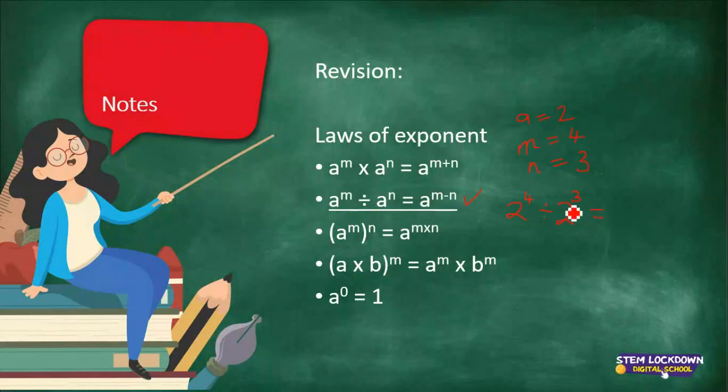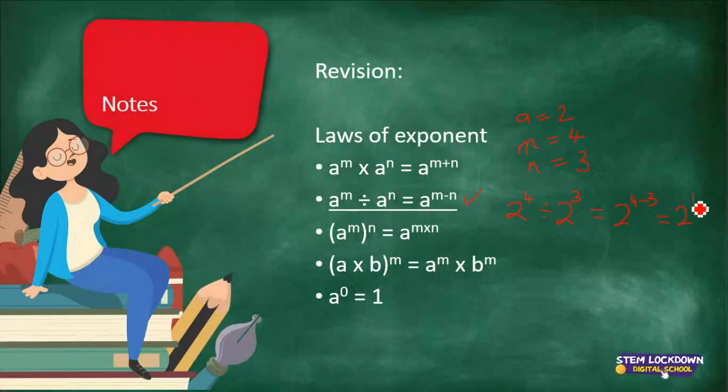In my example, my base is 2, and if I'm dividing, I'll subtract the powers. So it will be 4 less 3. 4 subtract 3 is 1. So it will be 2 to the power 1. I think this is simple enough.